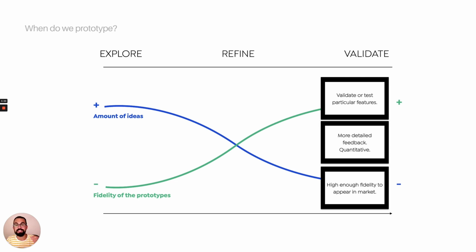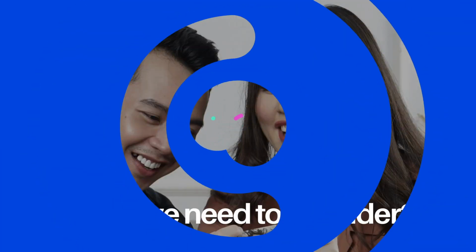We want it to be ready to go to market and be ready to gather more feedback on. So when we're creating a prototype, it's important to think about these 3 stages and to constantly iterate throughout the entire process.